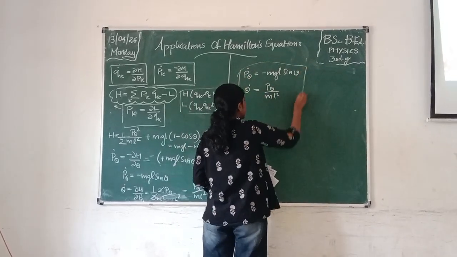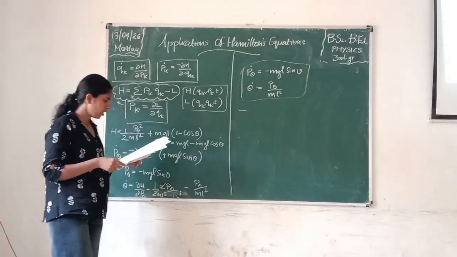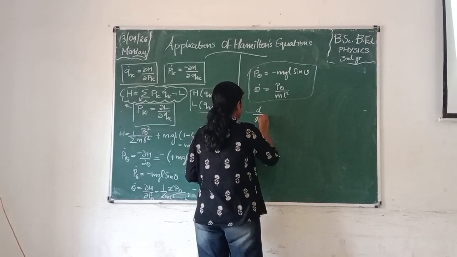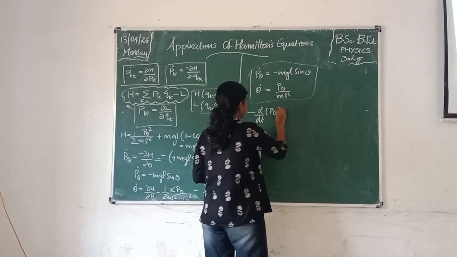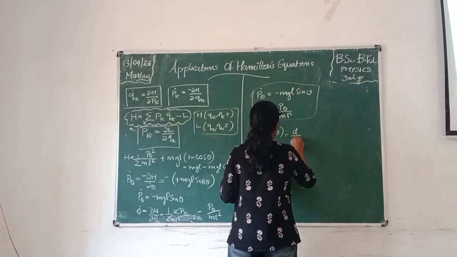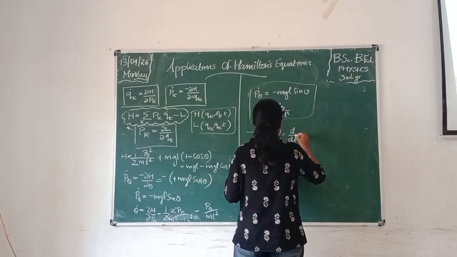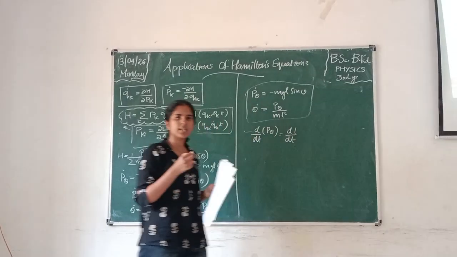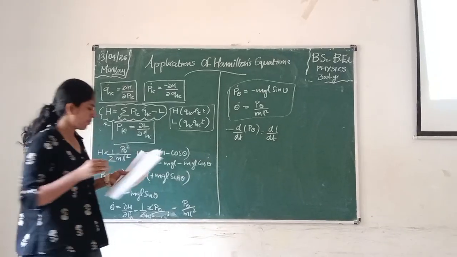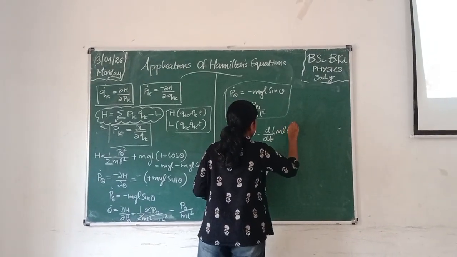So these are the two equations. Next we want to find the equation of motion. So for that, d by dt of p theta is p theta dot. That we already know. d by dt of p theta is equal to d by dt of what was p theta? p theta was ml square theta dot, that we did earlier. At the second step we found p theta. Okay.